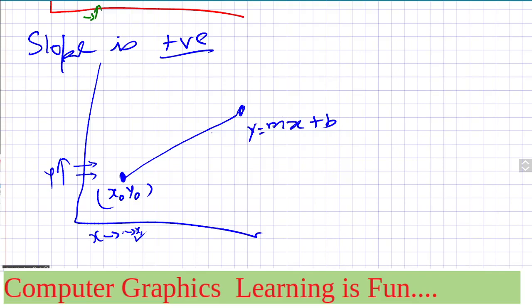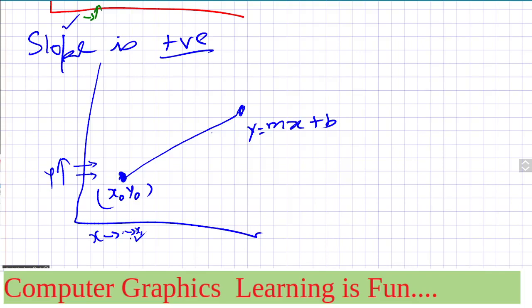Suppose now this is xk. Now you want to find yk, what would be the value. Let me take it in a different way, as we did in the last example. We have considered that x0 y0 is something that has been displayed.